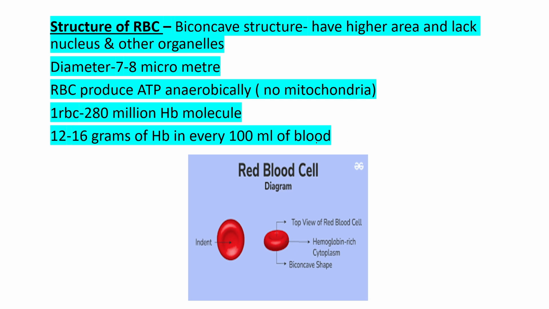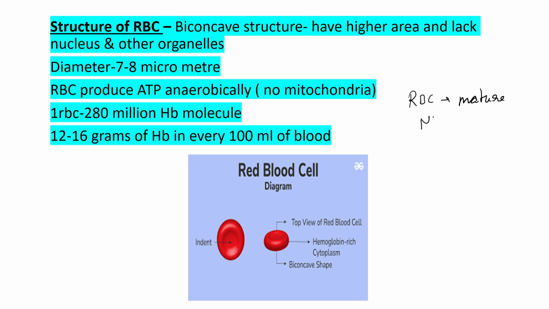Now coming further towards the structure of RBC, how the RBC is looking. As we all know, RBCs when mature lose many organelles including the nucleus.